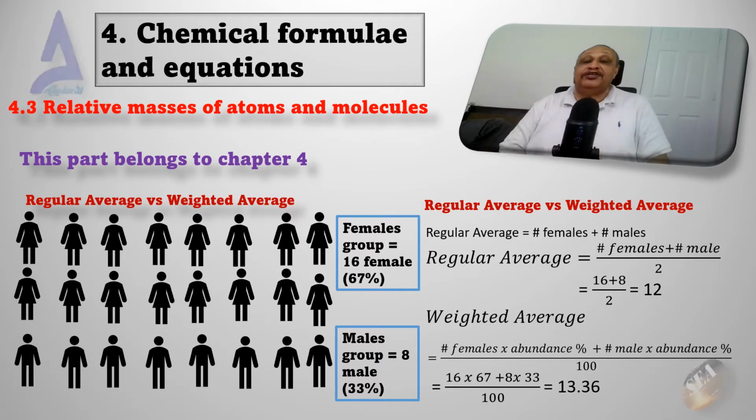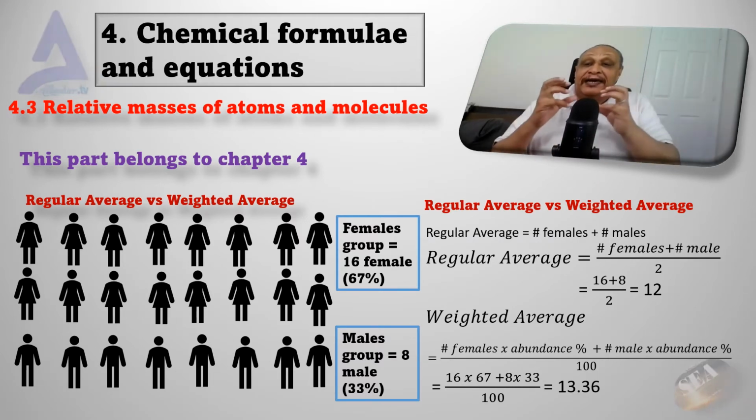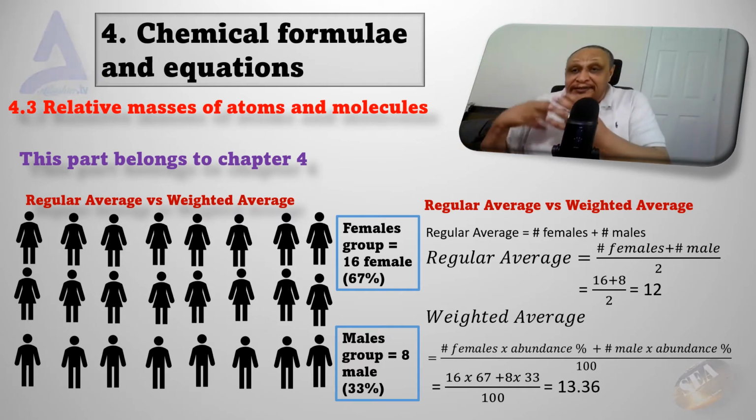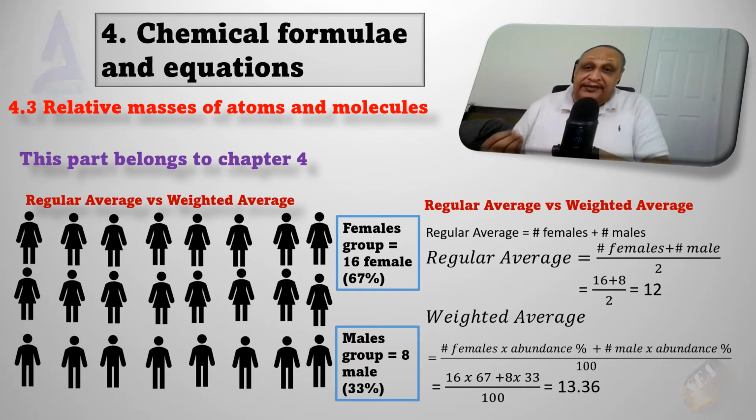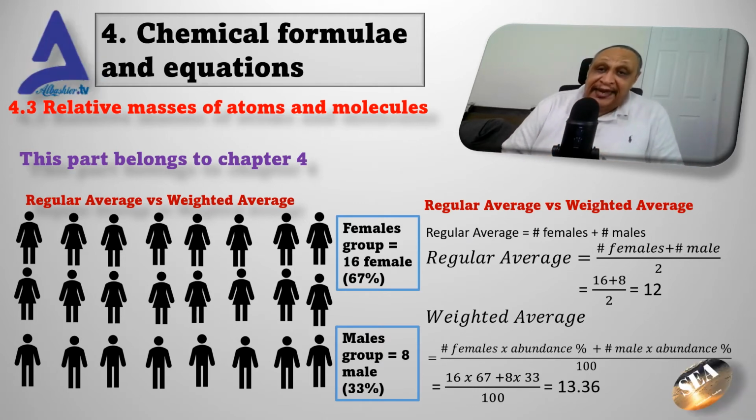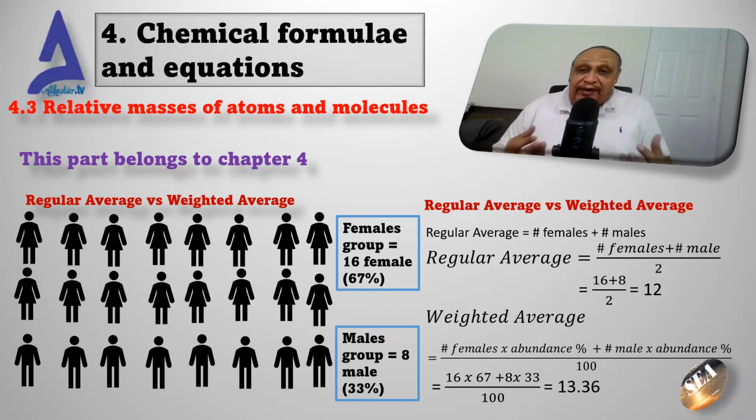Why by 100, not by 2? Because the abundance is a percent, so we have to divide by 100.